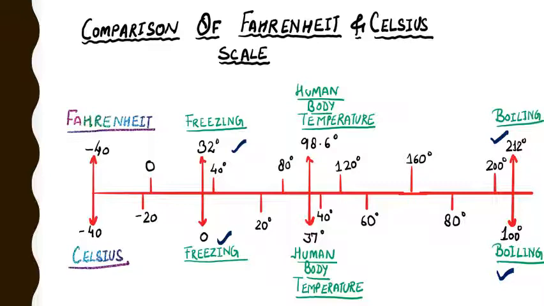The normal human body temperature on the Celsius scale comes out to be 37 degrees Celsius or 37 degrees centigrade, and on the Fahrenheit scale it comes out to be 98.6 degrees Fahrenheit. So these are the basic differences between the Fahrenheit and Celsius scales. We'll see the difference between these two scales in detail.